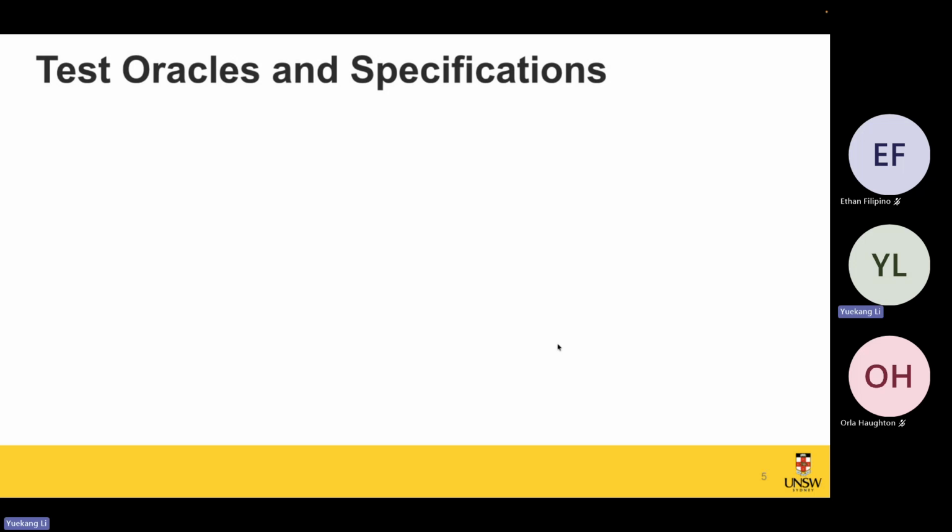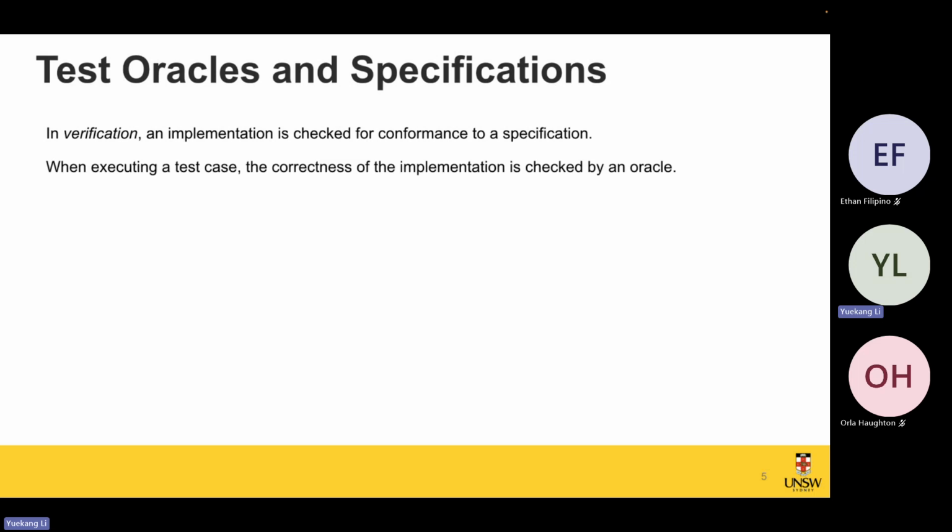We learned in the second lecture, on verification versus validation, that if we want to do verification, we need to verify the implementation according to some specifications or requirements. And for validation, for testing here, we are actually checking the implementation against the test oracles, right?